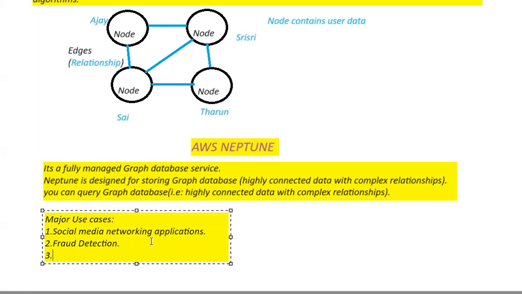You can monitor the changes among multiple users by using Neptune, and based on those changes you can get a suggestion that a lot of transfer happened between this particular node and this particular node, that is, this user and this user.